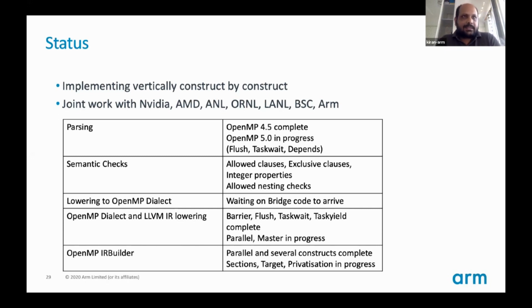I just want to stress that there are a number of partners involved in this project. There are engineers from NVIDIA, AMD, Argonne National Labs, Oak Ridge Labs, LANL, Barcelona Supercomputing, and ARM working on this project. This slide gives you a brief overview of what everyone is working on currently. I'm not going to go into the details of this.